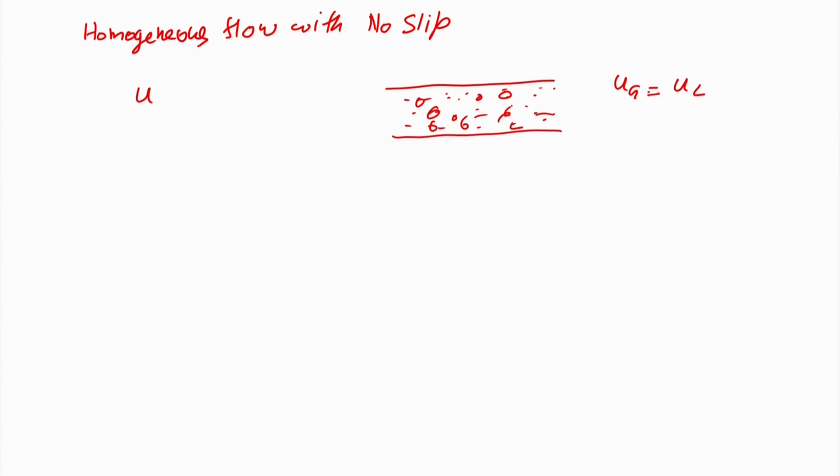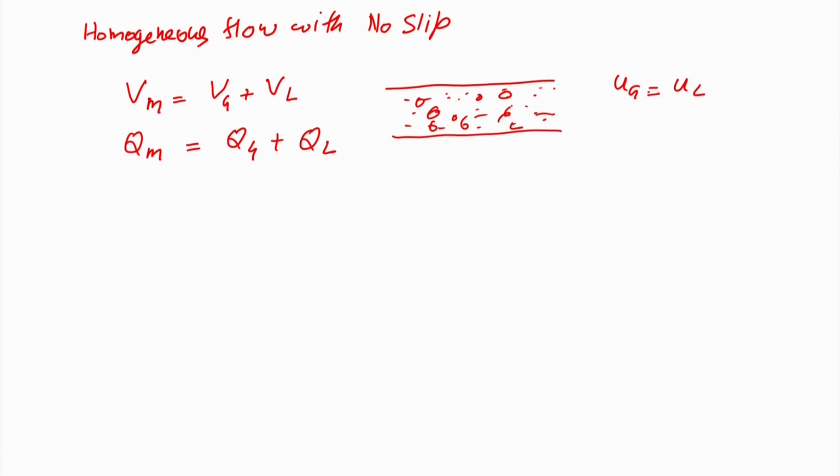Now how can we write the mixture velocity? We have already shown that the mixture superficial velocity is nothing but the superficial velocity of the gas plus the superficial velocity of the liquid, or you can say Qm is nothing but Qg plus QL. You can write it in this way.